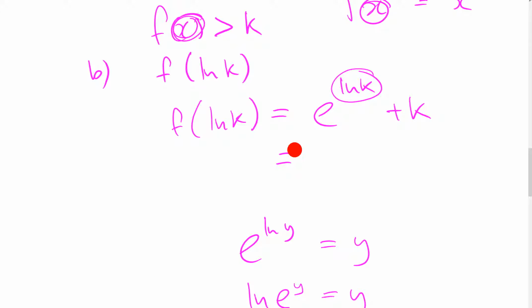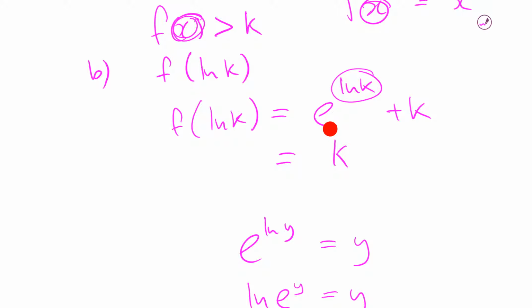So what we're looking at is this thing here. What does e to the ln k equal? It's equal to k, because e and ln are opposites, inverses I should say. You have to remember that they're just inverses.